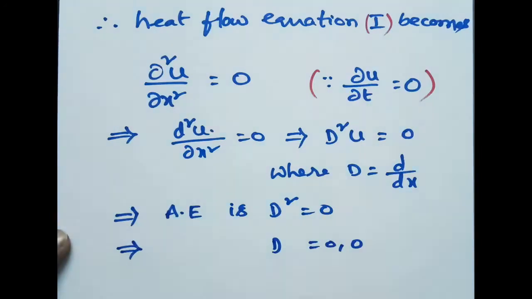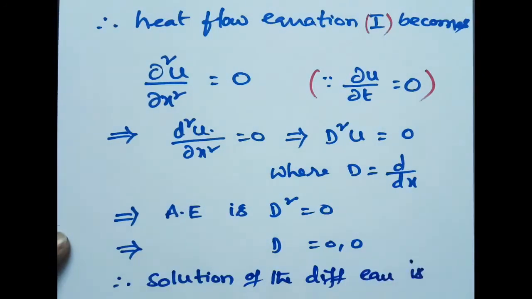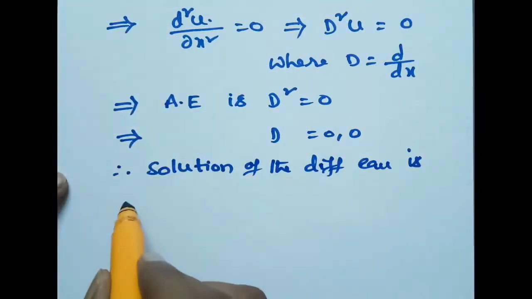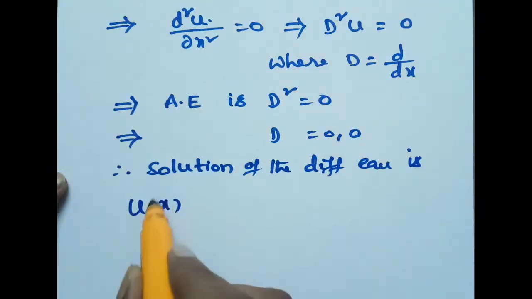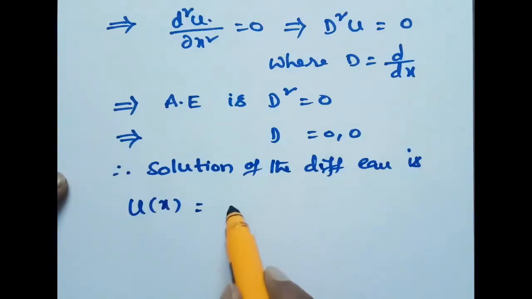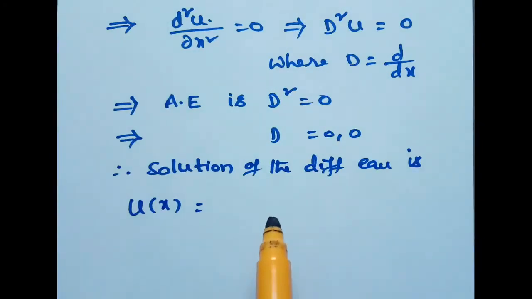So the complementary function is its solution. Therefore the solution of the differential equation is u(x) = (c1 + c2 x) e^(0x). Since the roots are real and equal, it is (c1 + c2 x) e^(0x), and e^(0x) is 1.